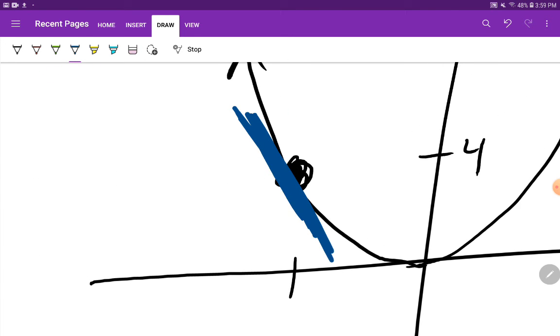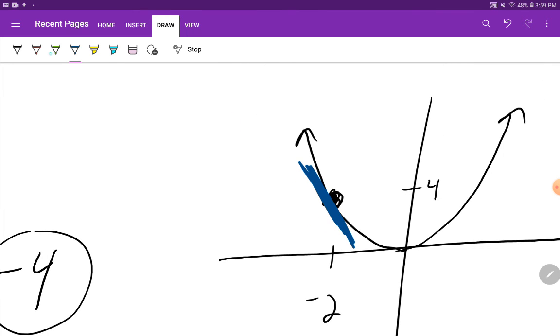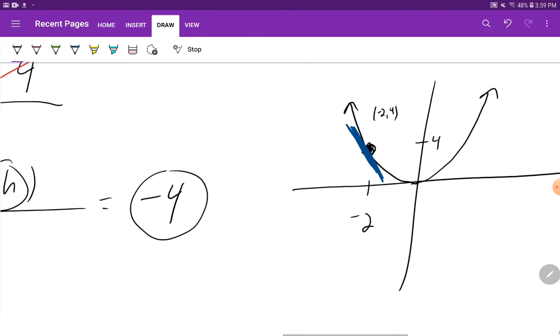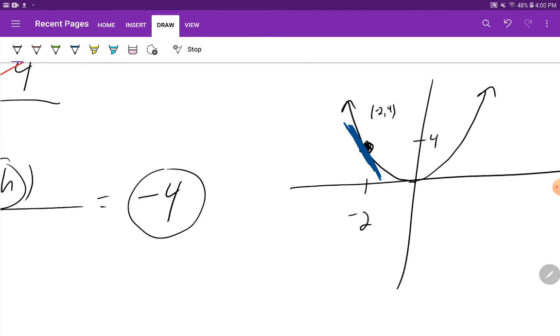If I were to draw that tangent line right on top of negative 2 comma 4, the slope of that tangent line would be negative 4. It's like saying that it's changing at a rate of negative 4 over 1. Like it's going down over 1 at that point in time.